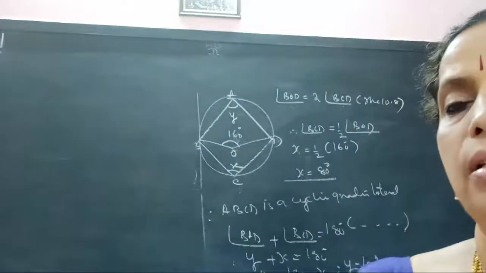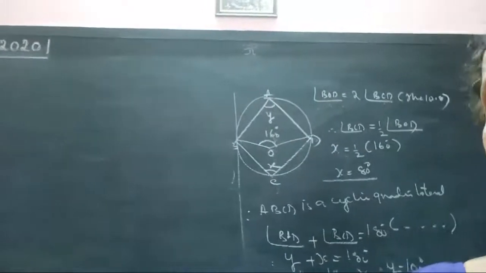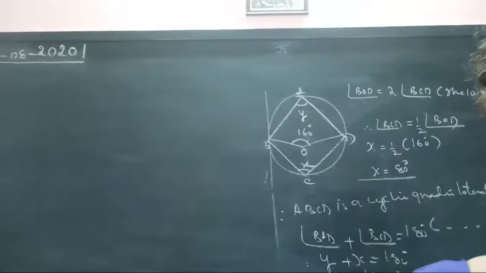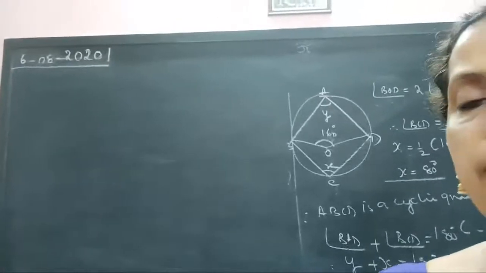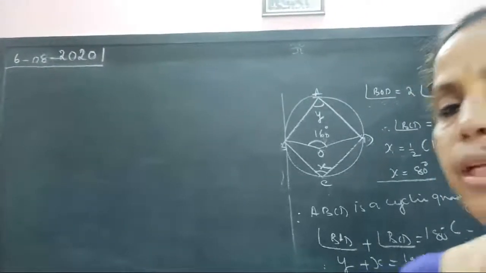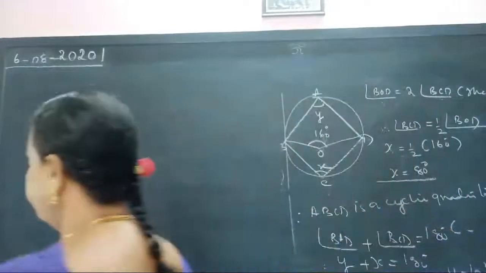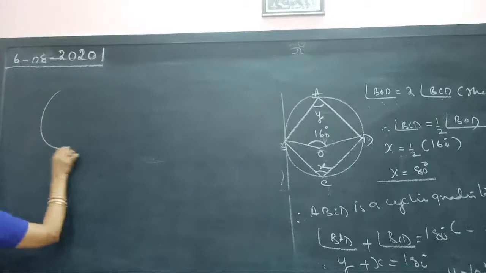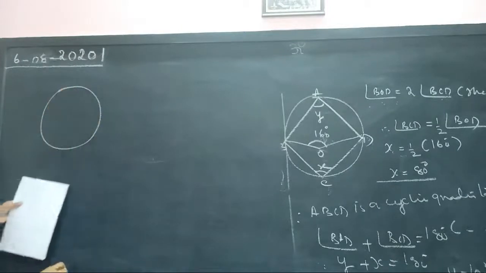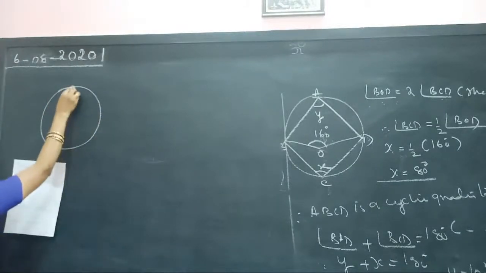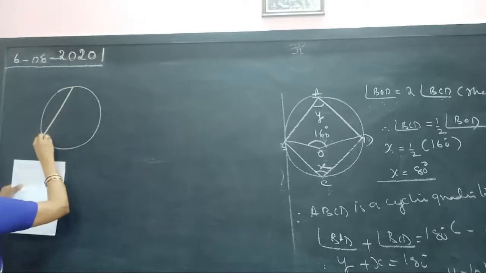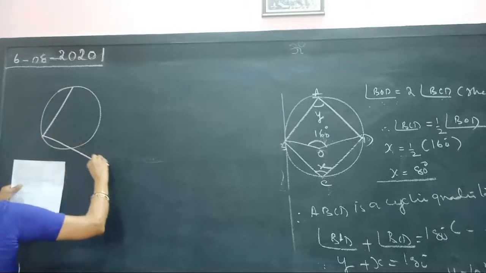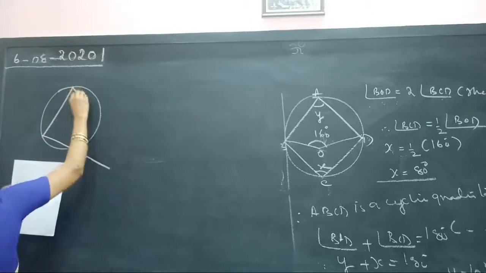When one of the sides of a cyclic quadrilateral is extended, then the exterior angle equals the interior opposite angle. Here in the given question, this portion is extended.